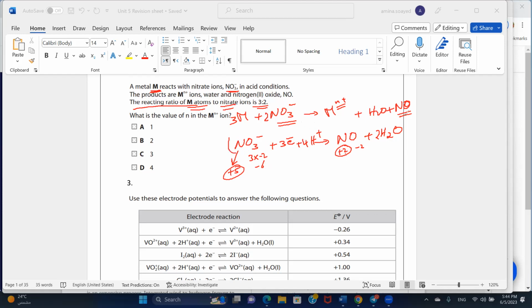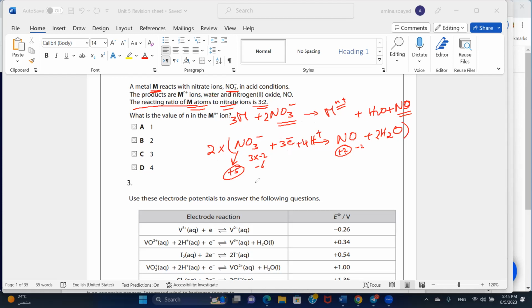That's why this equation is multiplied by 2, so that we get 2 nitrate. From where did I get the 3 and the 2? From the question. It says the reacting ratio of the metal atoms to the nitrate ions is 3:2. It means that 3 moles of metal reacted with 2 moles of the nitrate. So we have to multiply the whole equation by 2. And when we did so, this means that we have 6 electrons.